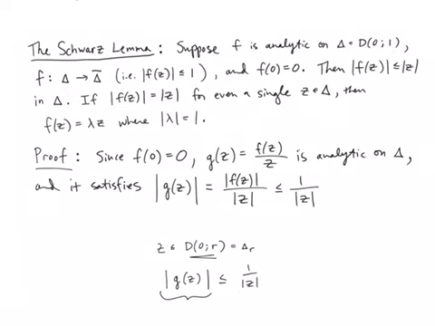So even though we have this bad estimate here, which is going to infinity as z goes to 0, by the maximum modulus principle, if we take z on the boundary of this disk, for those z we have g of z less than or equal to 1 over r, right? But since that holds on the boundary, that has to hold throughout the entire disk of radius r.